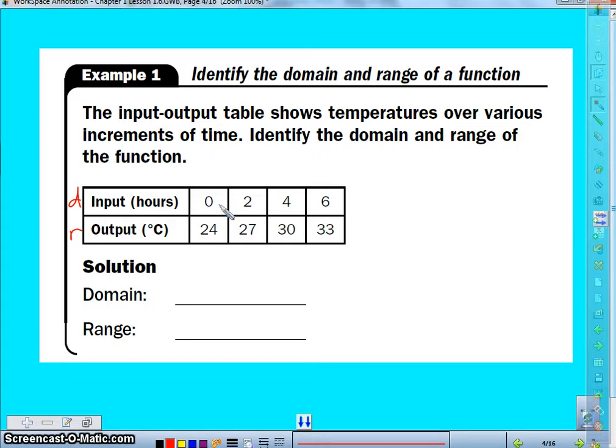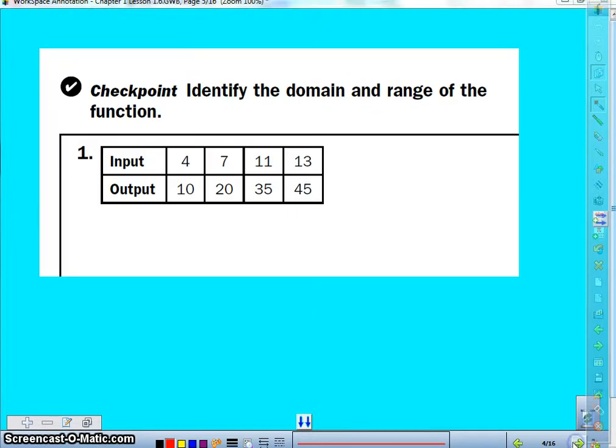Because at 0 hours, the temperature of this thing was 24 degrees Celsius. So our domain is going to be 4 values straight across: 0, 2, 4, and 6. And our range is going to be 24, 27, 30, and 33. Pretty easy right there. Remember, range, output, domain, input.